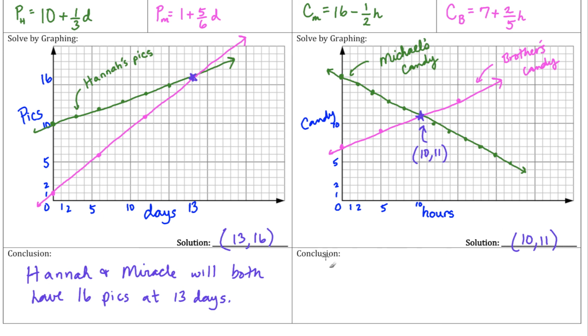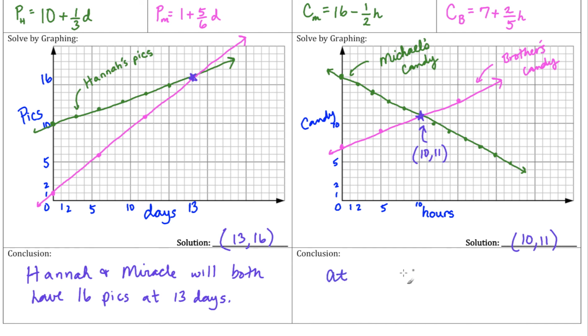So in conclusion, Michael and his brother. You know how I wrote this one as the 16 first and then the 13? I'm going to write this one 10 first, actually, because some of you might prefer it.